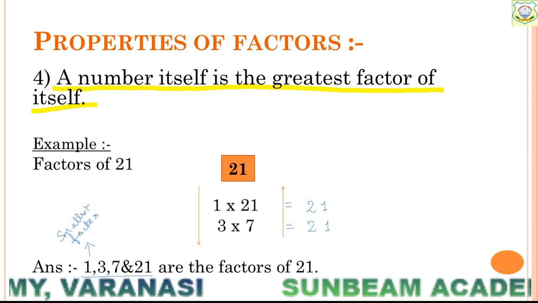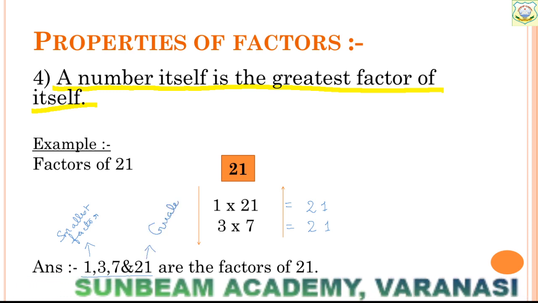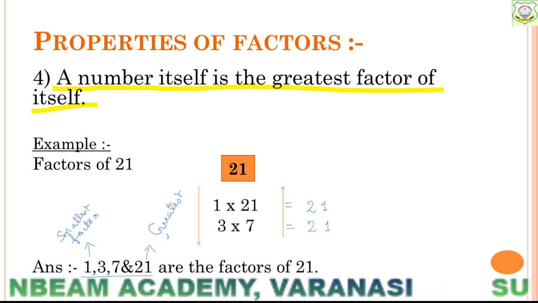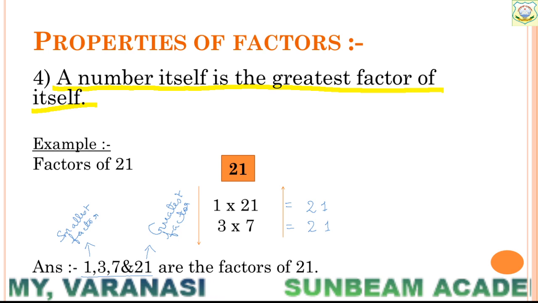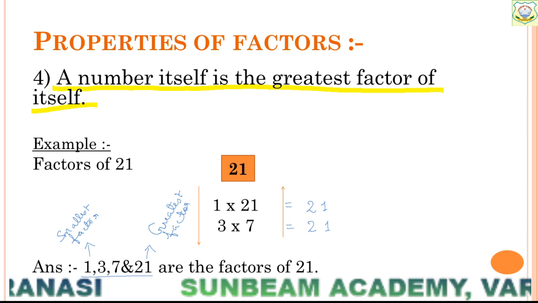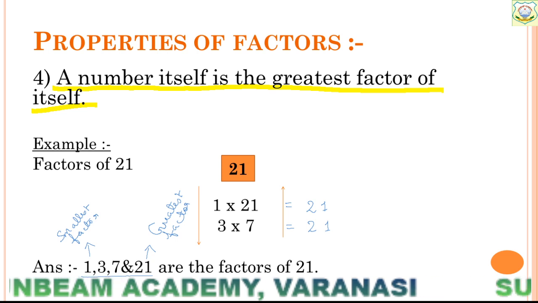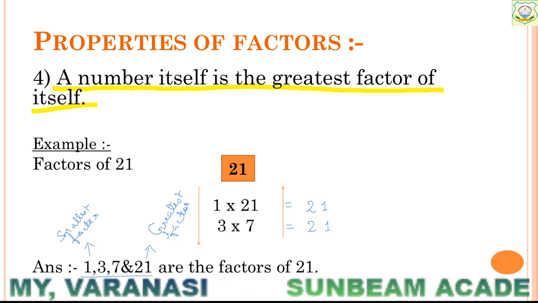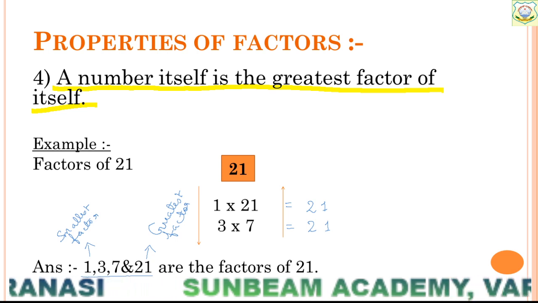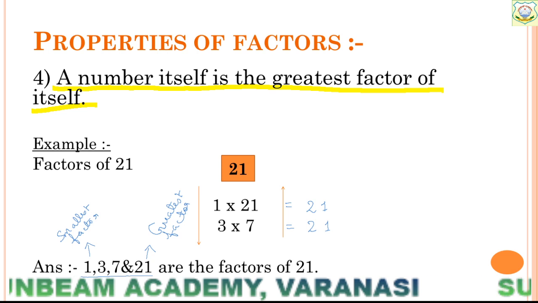And 21 is the greatest factor. Understood? And 3 and 7 are also factors, but when we are talking about greatest and smallest, remember that the smallest factor will always be 1 and the greatest will be the number itself. Now getting my point? Okay.